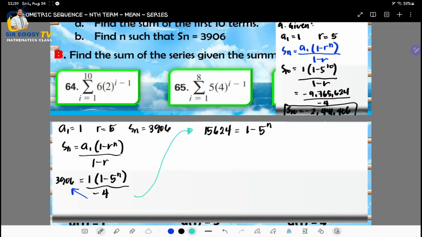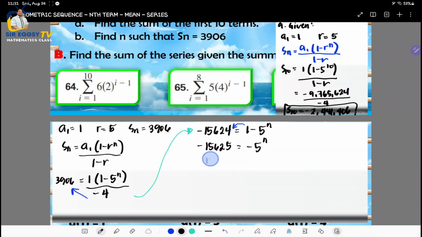As we all know, any number multiplied by 1 is just equal to itself. Let's transpose the positive 1 in this case. By the way, this is negative. So this will give us 15,624 minus 1. So this will become 15,625, which will be equal to negative 5 raised to n.